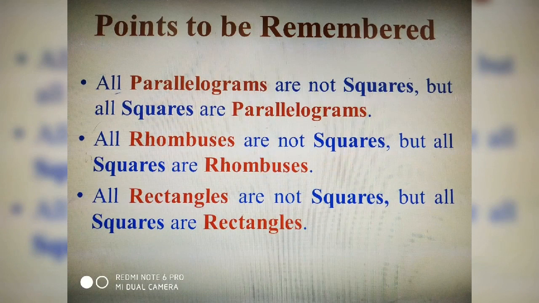All parallelograms are not squares, but all squares are parallelograms. All rhombuses are not squares, but all squares are rhombuses. And all rectangles are not squares, but all squares are rectangles.